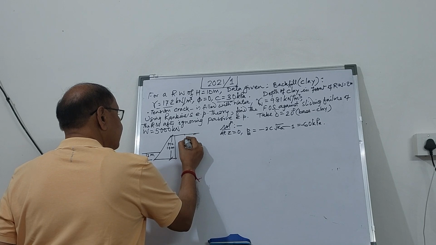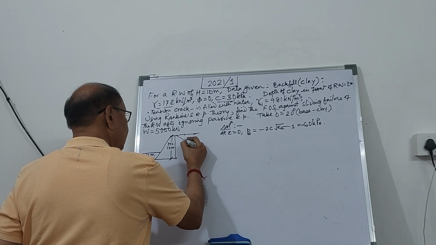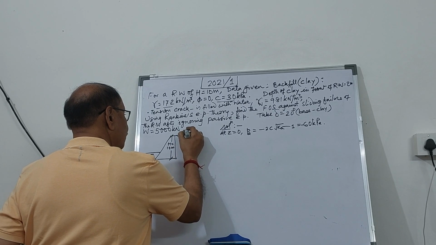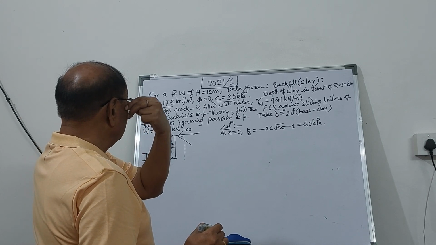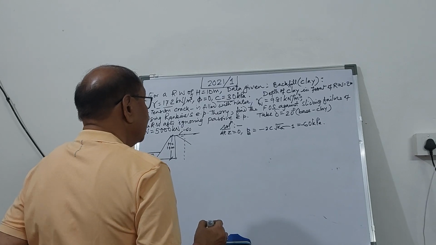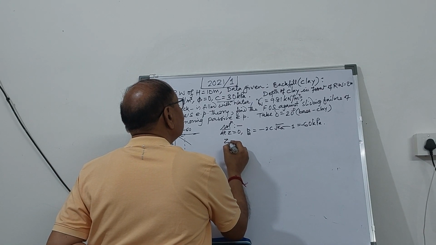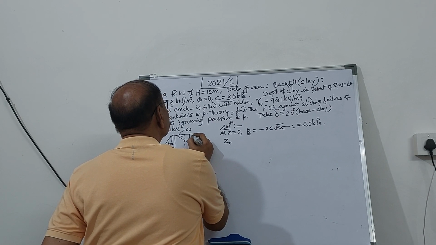If you take the reference line, this is going to be minus 60 at z equal to 0. At the very top, the pressure is given, and at z0, Pa is going to be 0.